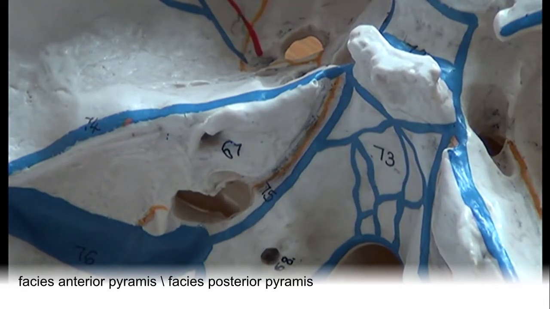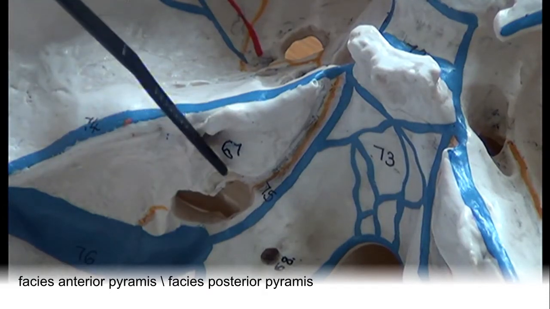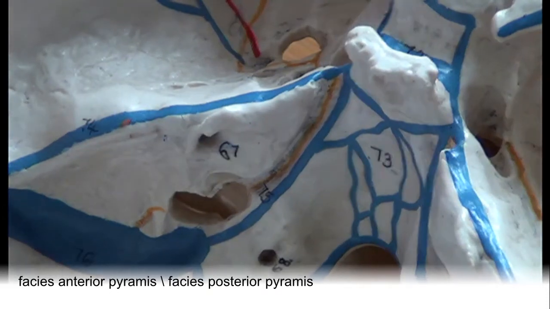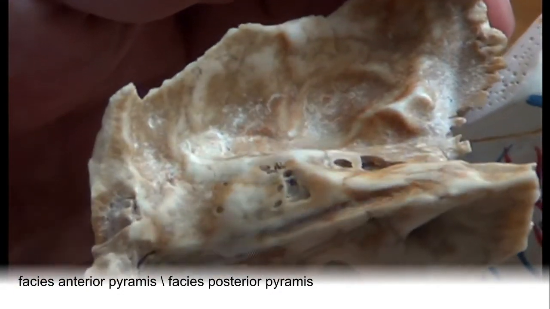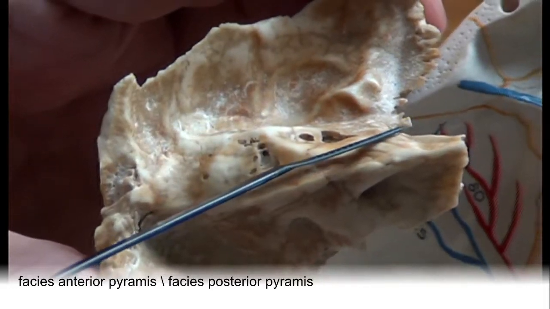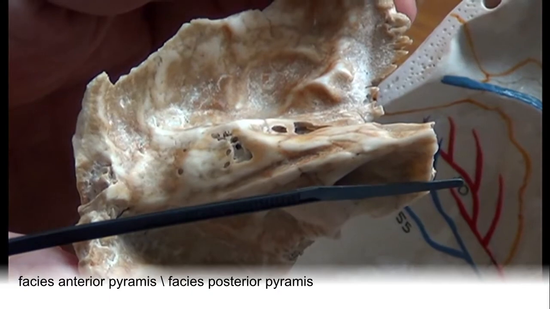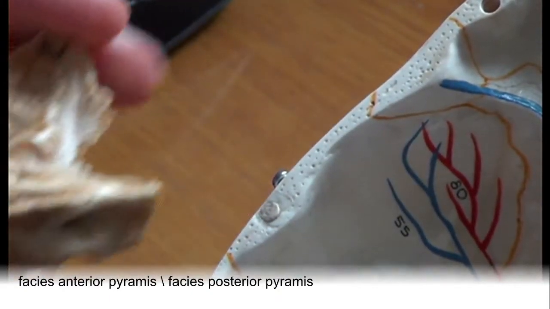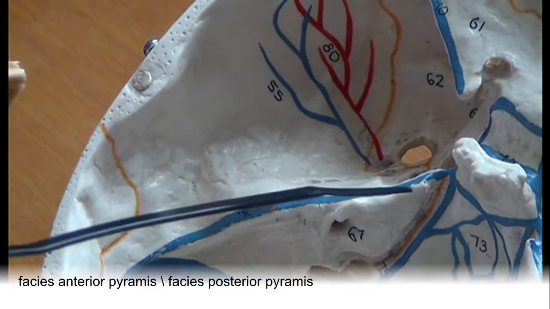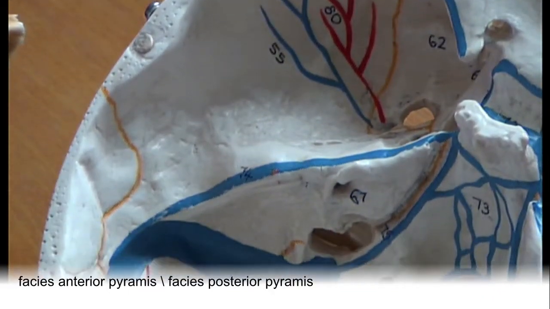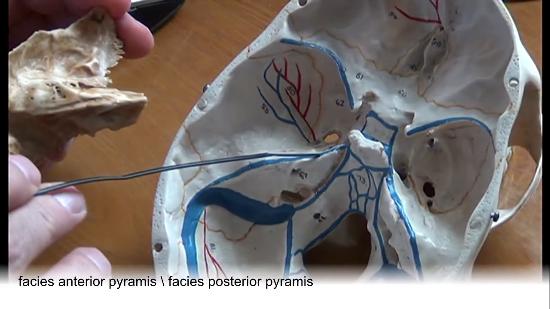So we can find facies anterior pyramis and facies posterior pyramis. And now I use a single bone. This is facies anterior and this is facies posterior. And between them we can find a special sulcus, which is colorized here with blue color.